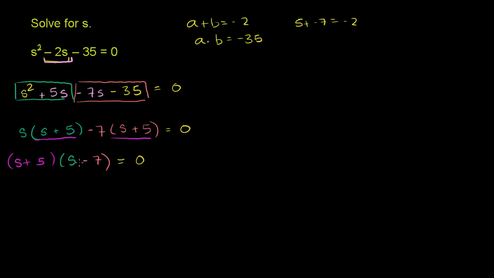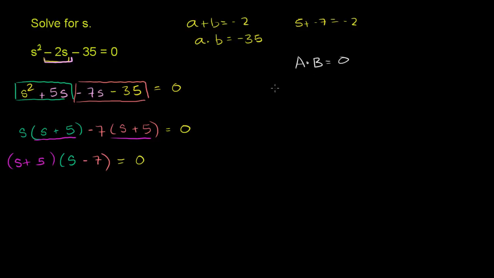Now that we've factored it, we just have to think a little bit about what happens when you take the product of two numbers. s plus 5 is a number. s minus 7 is another number. And we're saying that the product of those two numbers is equal to 0. If I told you that I had the numbers a times b and that they equal 0, what do we know about a or b or both of them? Well, at least one of them has to be equal to 0, or both of them.